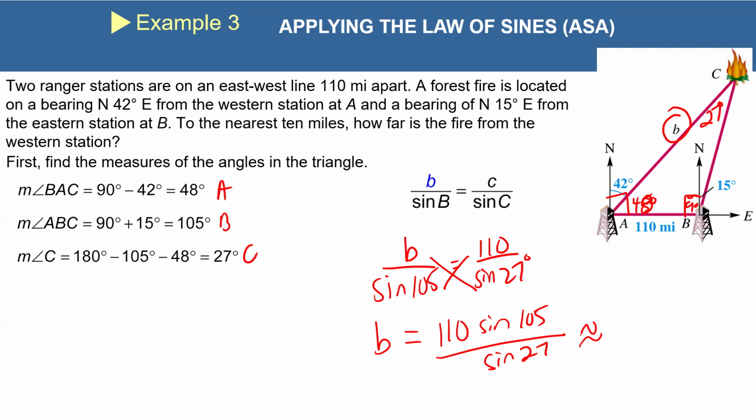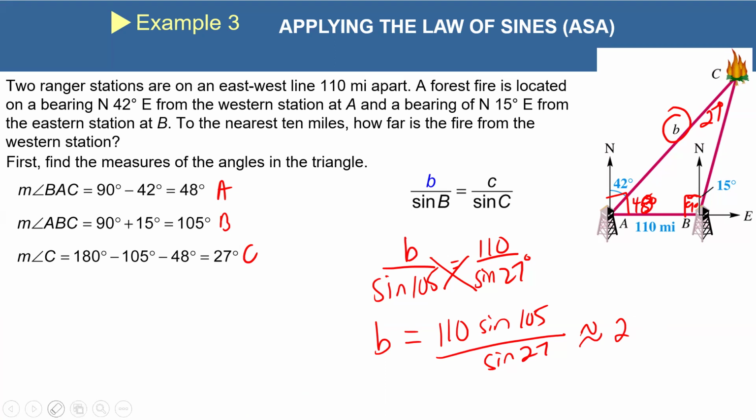All right. So 110 times the sine of 105 divided by the sine of 27. What do we get? Yeah. It's 230.